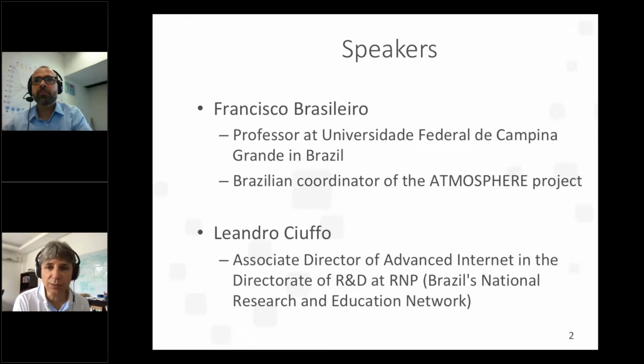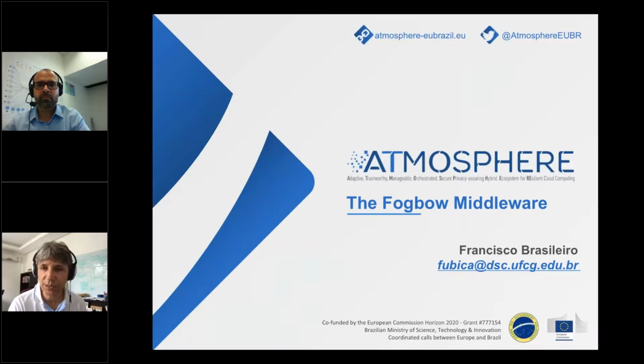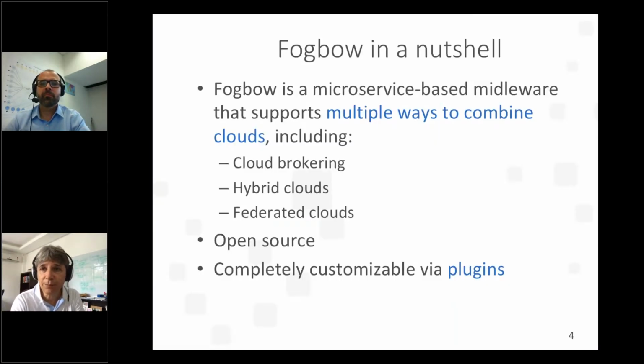So without much further ado, I will start my presentation talking a little bit about Fogbow. Fogbow is a microservice-based middleware, which allows multiple ways to combine clouds, including cloud brokering, hybrid clouds, and federated clouds. It's an open source middleware, so we're trying to build an open source community around it.